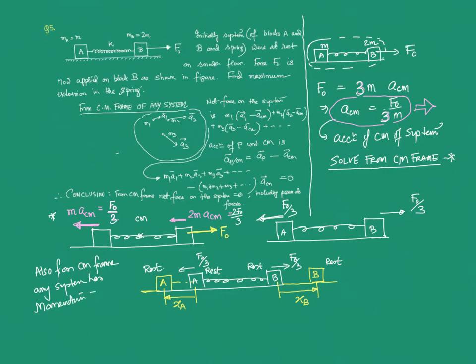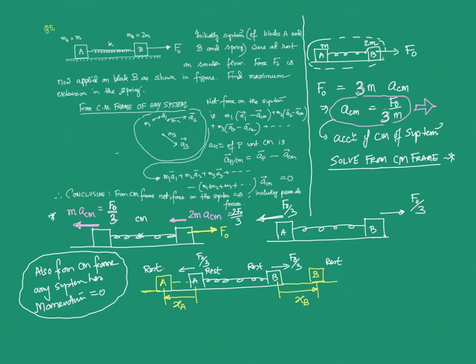This work is up to you. You can try and prove why. From the CM frame the net force is 0 and the net momentum of the system is also 0. So both will be at rest. It's like us stretching two blocks joined by a spring, starts from rest, and at the extreme it will end up at rest. So XA and XB are the displacements of A and B.